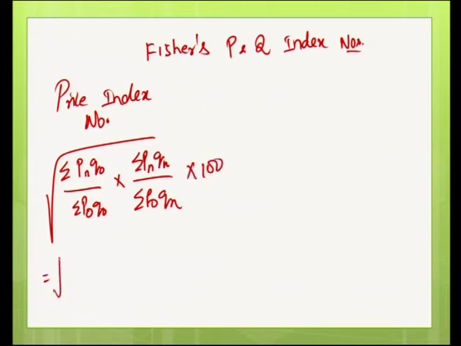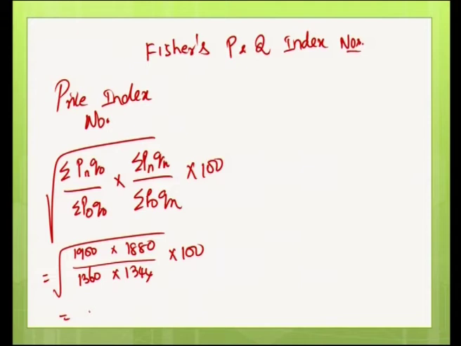So, the values when you substitute is 1900 into 1880 by 1360 into 1344. 1.44 into 100. The answer is 139.79. This is price index number.